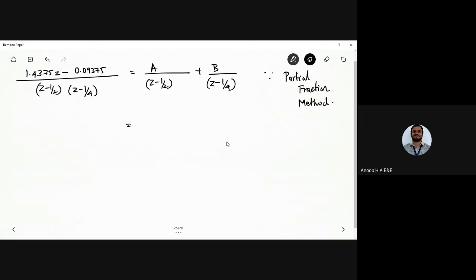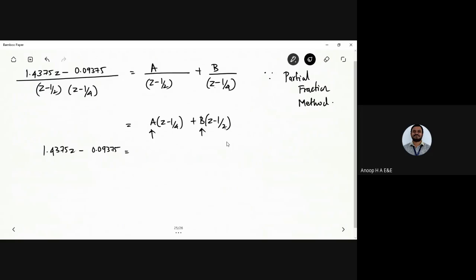I hope it is visible and you are able to hear me properly. Let me go ahead quickly. Next, I need to find the constants A and B. Let me find the constant A first, and proceed to constant B later.